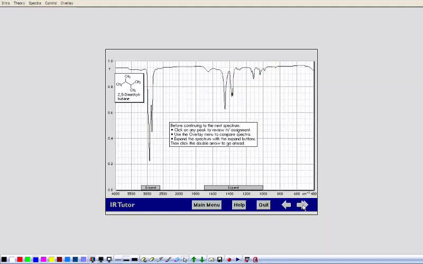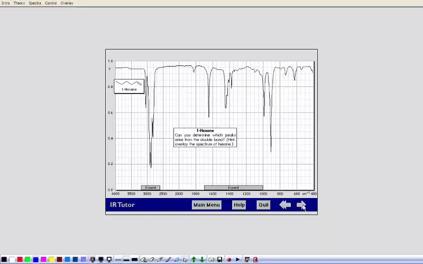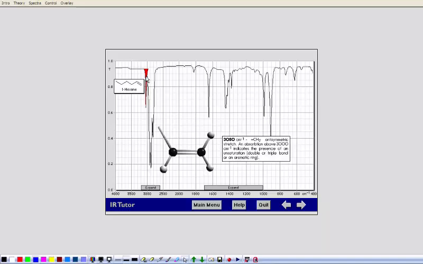Now what happens when we get to a carbon-carbon double bond? Well, when we get to a carbon-carbon double bond, we begin to see peaks just above 3,000. This peak is at 3080. And so what you see there is now you're seeing the sp2 CH stretches. The sp2 CH stretches are just above 3,000 wave numbers.